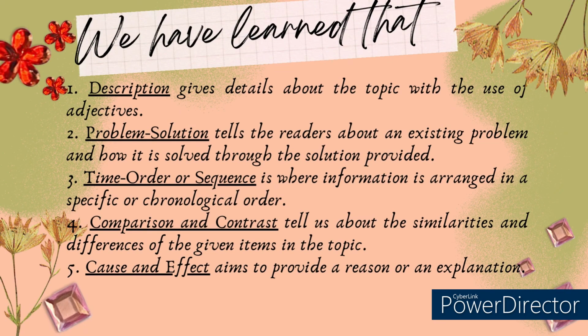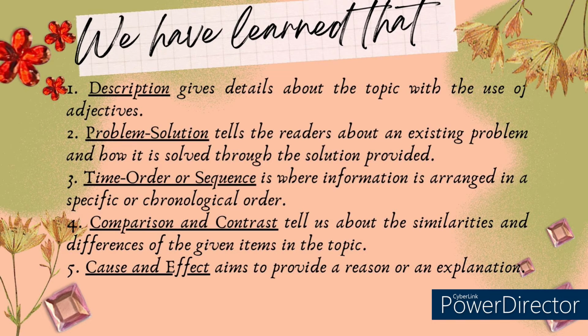We have learned that there are 5 different types of informational text. Number 1. Description gives details about the topic with the use of adjectives. Number 2. Problem solution tells the readers about an existing problem and how it is solved through the solution provided.